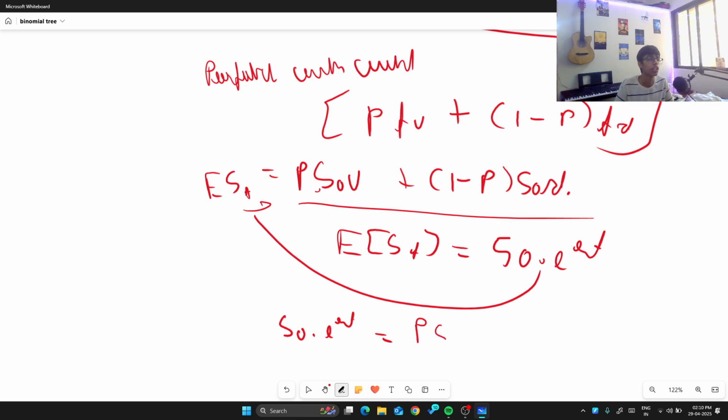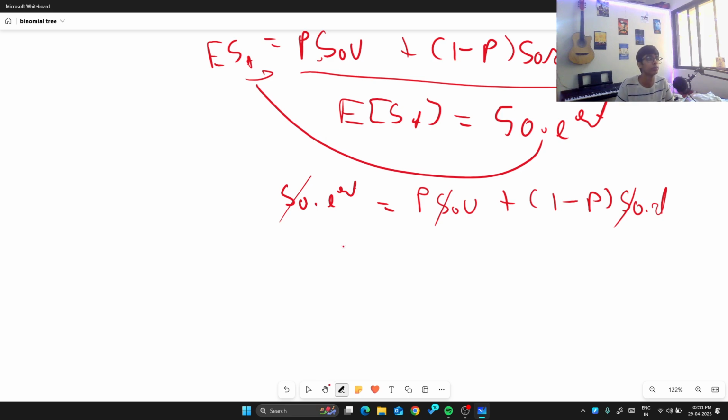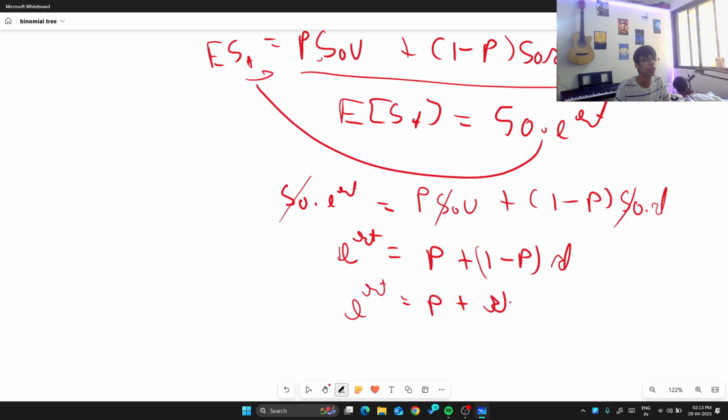P S0U plus 1 minus P S0D. So this S0 and this S0 will cancel, and that would be e^RT equal to PU plus 1 minus P D. We want P, so the next step would be e^RT equal to PU plus D minus PD.